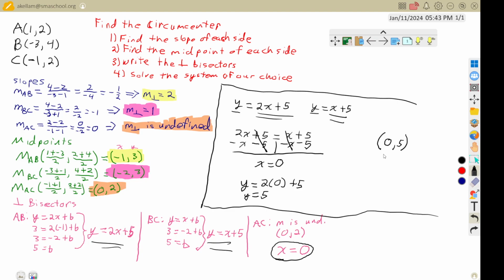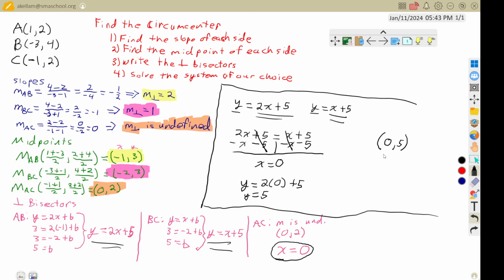Okay, so just to summarize real quick, we have to first find the slopes of each side of the triangle and the slope of a line perpendicular to it. Then we find the midpoint of each side of our triangle.